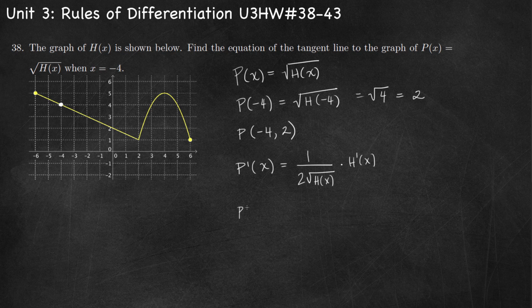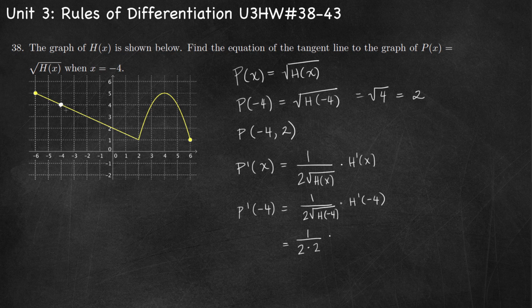And now we can find p prime of negative 4 by substituting negative 4 in for x. So I have 1 over 2 square root h of negative 4 times h prime of negative 4. And 1 over 2 times the square root of h of negative 4 is 1 over 2 times the square root of 4, so 1 over 2 times 2, times h prime of negative 4, which is the slope of h at negative 4.